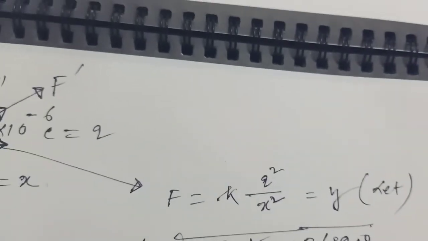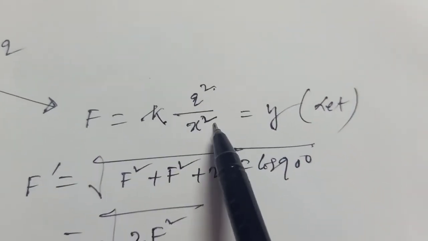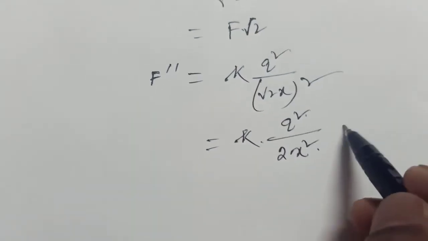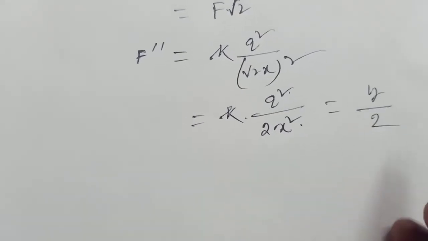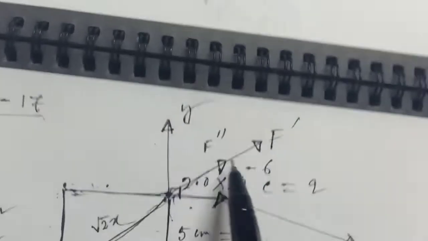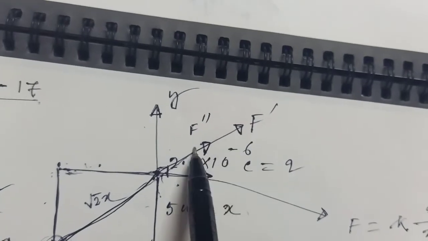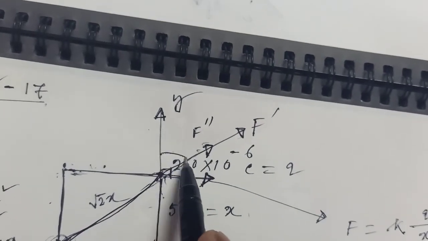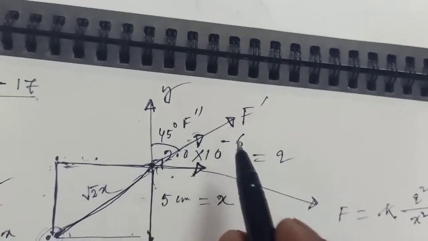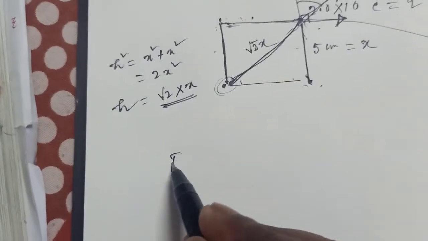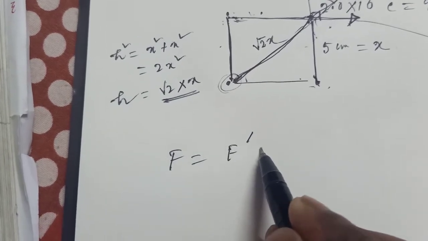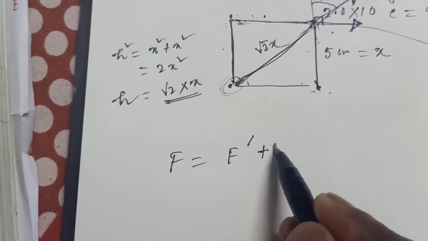Here F equals k q square by x square equal to y, so k q square by x square equals y, and so this is y by 2. So for the resultant force, the direction must be 45 degrees, and the resultant force F equals F dash plus F double dash.